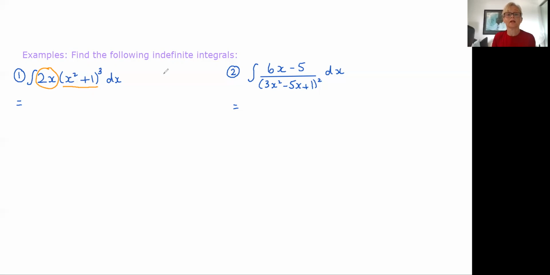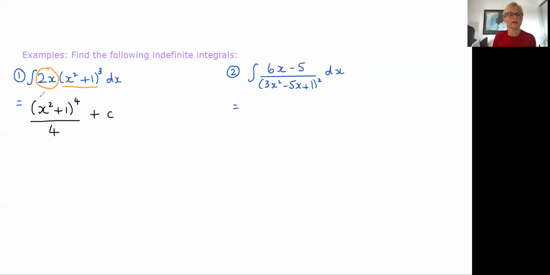So what we can actually do in this situation is treat this as if it were just an x. So it's going to be this, increasing the index by 1, dividing by the new index, and our constant term.